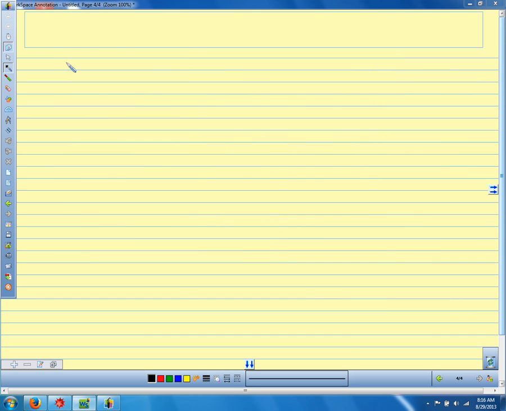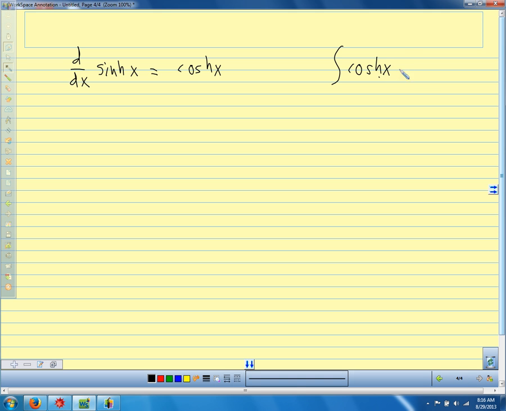So we said that d dx of sinh x is cosh x, and that tells us that the antiderivative of cosh x dx is sinh x plus c.